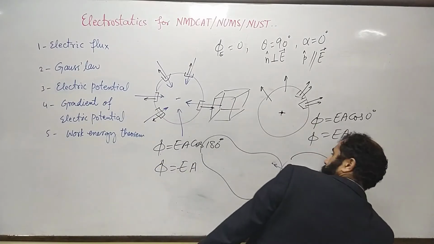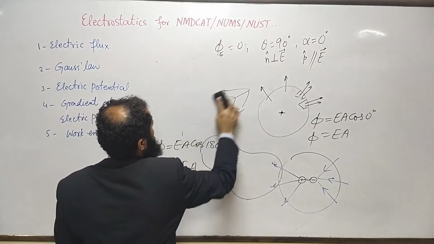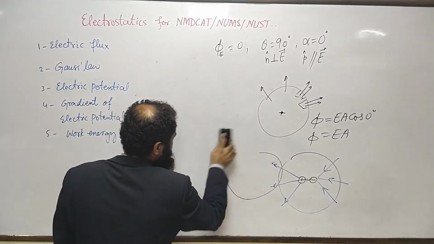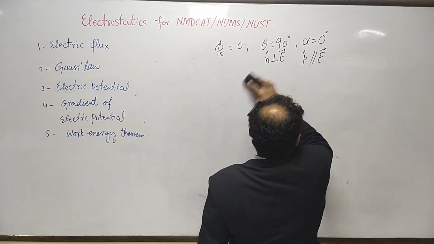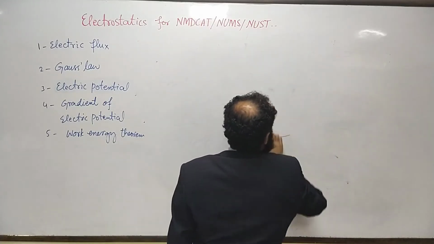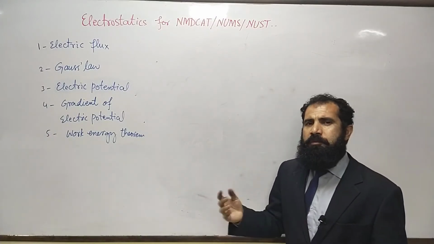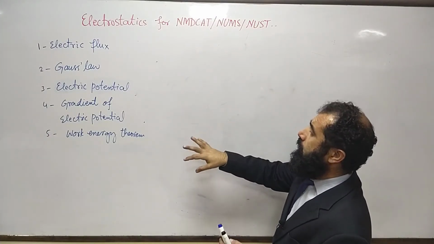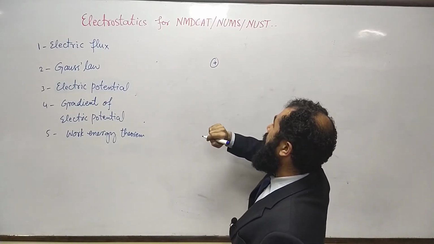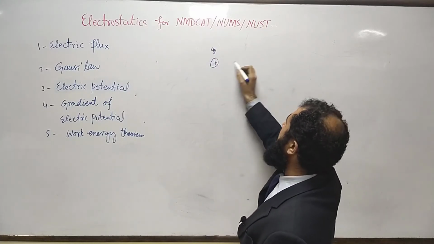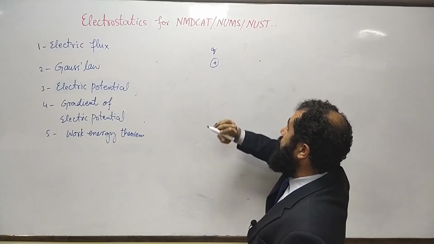And then we move to electric potential. We discussed electric potential in our previous lecture a bit, but once again, to recall, here I have some positive source charge, and at this point I want to calculate electric potential because of this source charge.